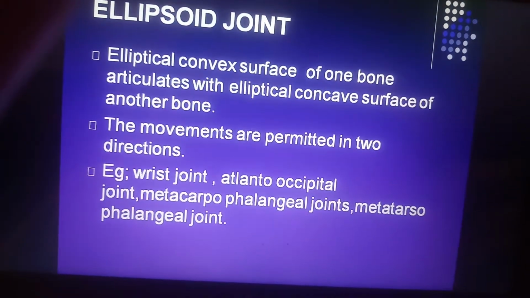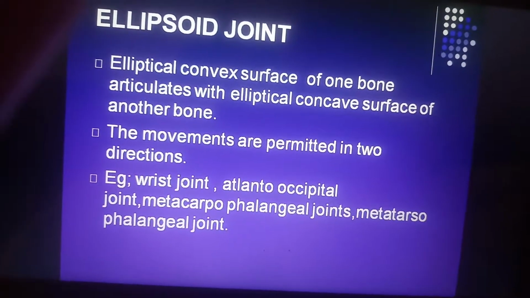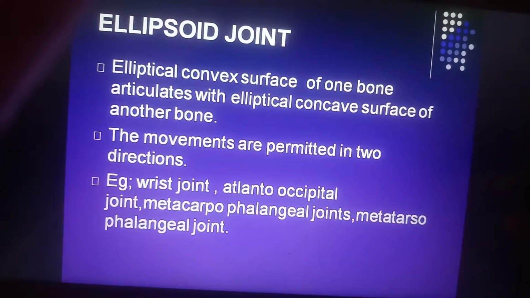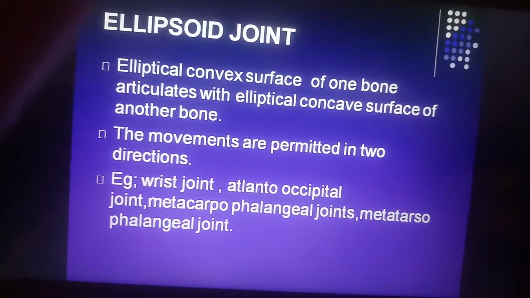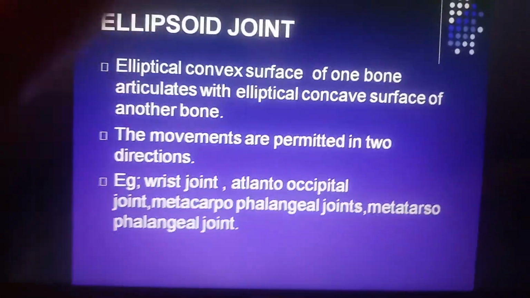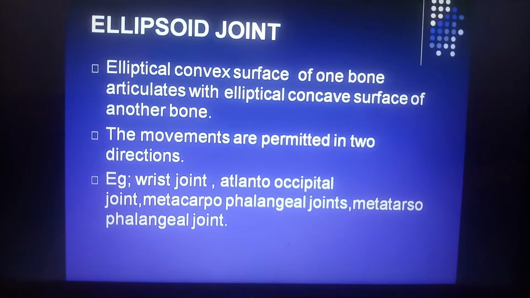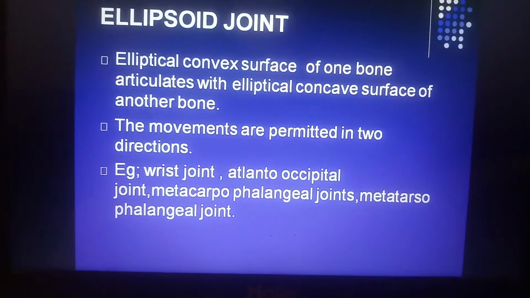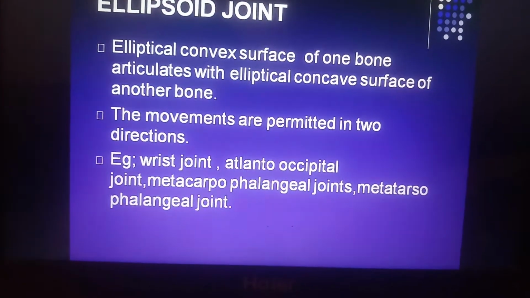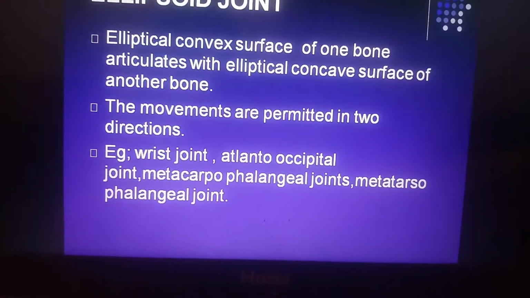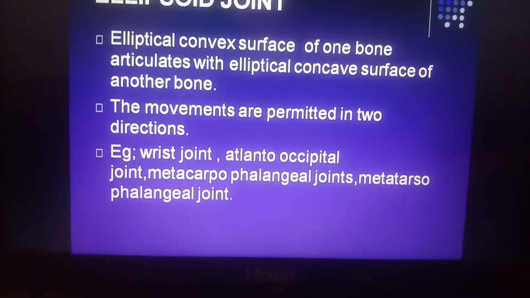The movements are permitted in two directions again, as in the case of the condylar variety we discussed. In the ellipsoid variety, the movements occur in two directions. For example, wrist joint, atlanto-occipital joint, metacarpophalangeal joints and the metatarsophalangeal joints.